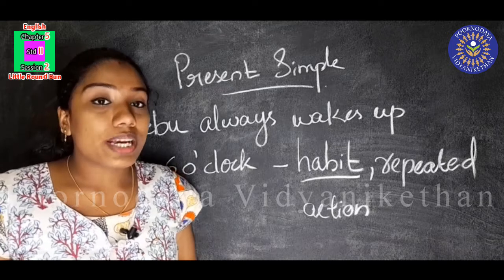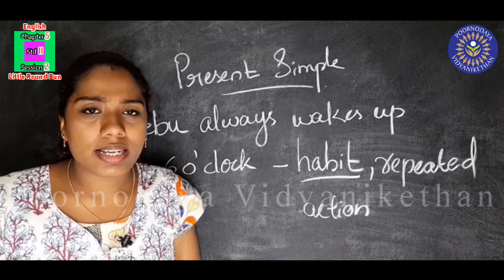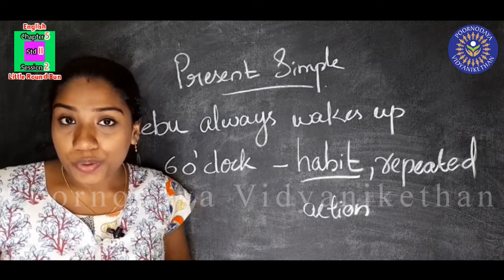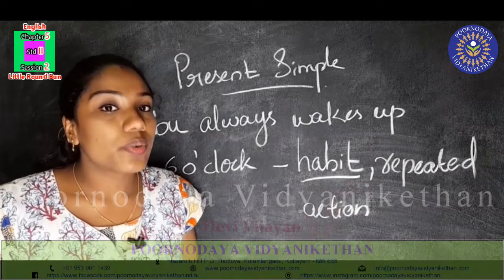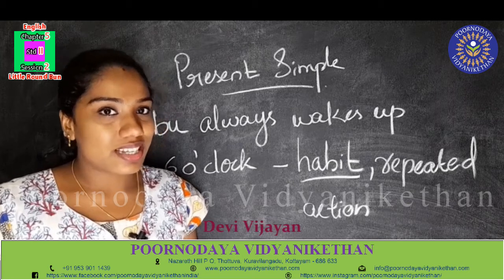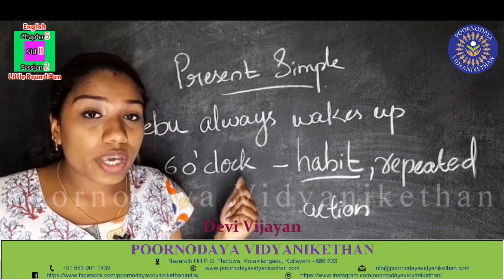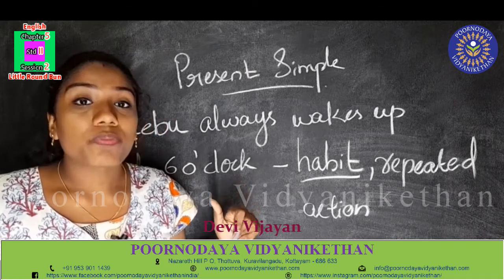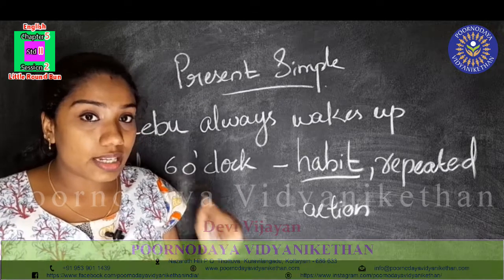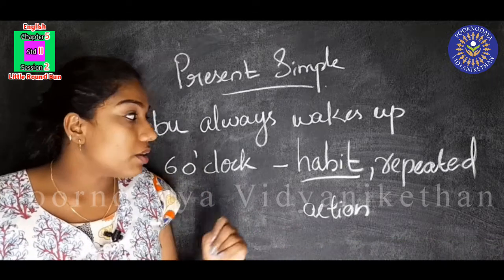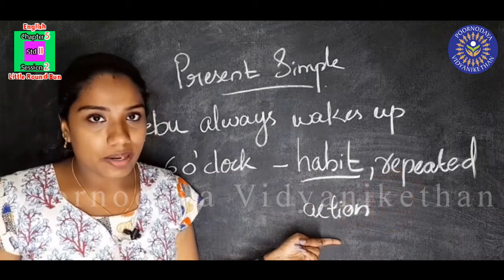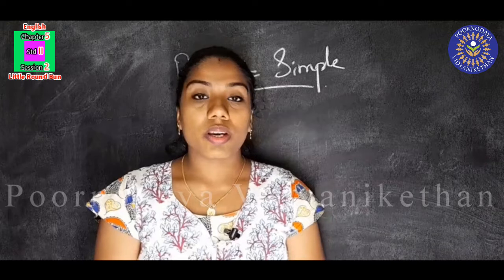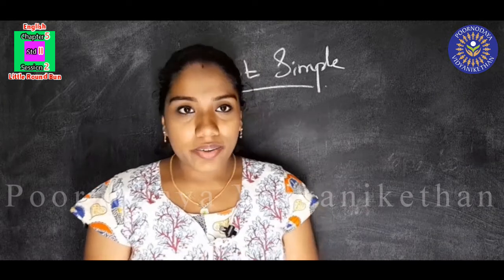We'll repeat it: present simple tense is used to speak about habits or repeated actions. Did you understand? When do we use present simple tense? We use present simple tense to speak about habits or repeated actions. Now, let's see another example.